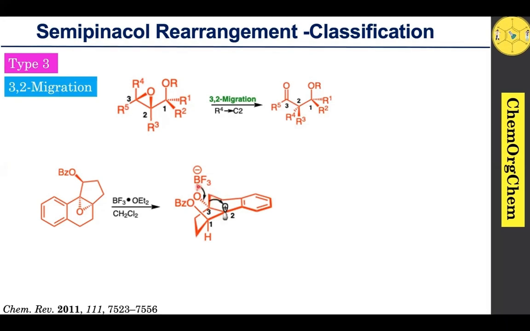Now you see these electrons move towards this third carbon, followed by this CH2 group migrating into the second carbon center, which leads to the corresponding ring contracted product. This type of 3,2 migration mainly takes place due to the structural features of a rigid ring system.